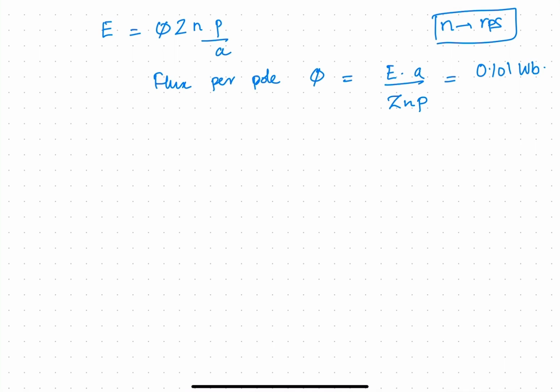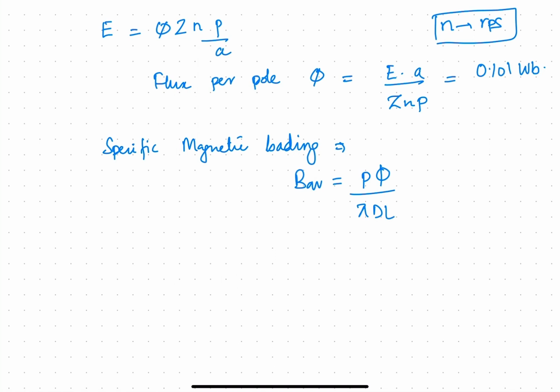Okay, and then we can calculate the specific magnetic loading, which is BAV is P phi over pi dl, and this comes out to be 0.938 Weber per meter square.